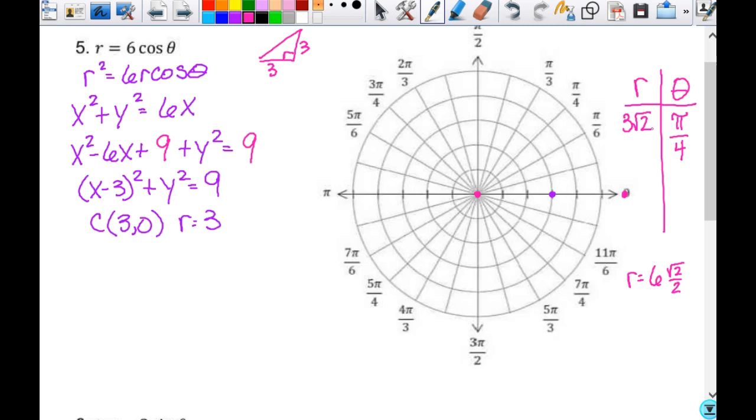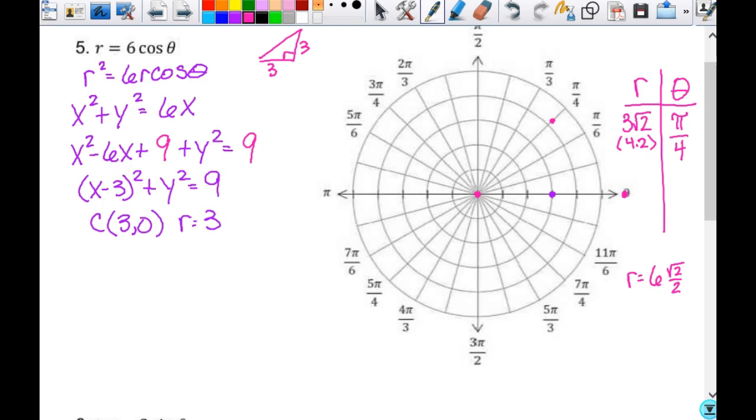About 1.4. So 3 times 1.4, what's 3 times 14? 42. So this would really be about 4.2, so that I have something to graph. I can go to pi fourths and go 1, 2, 3, 4.2-ish, and there's a point.